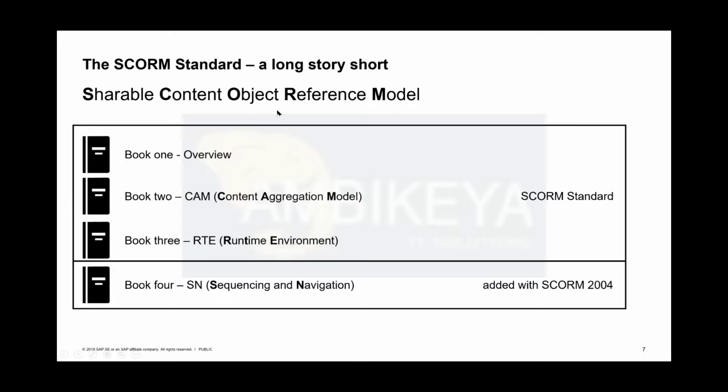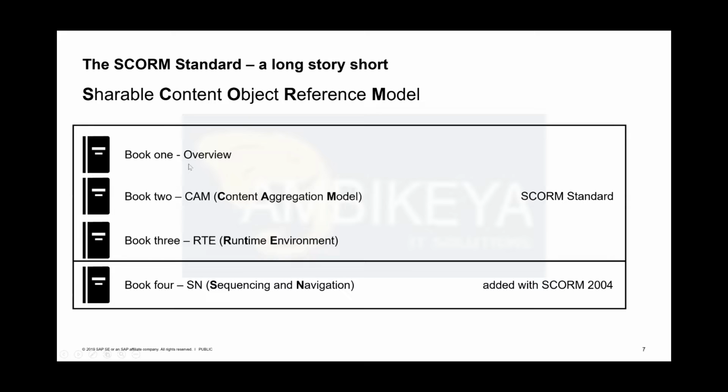This Shareable Content Object Reference Model is built from several books. All the industrial standards are usually organized in books. Book 1 of the SCORM specification is the overview. It gives you an overview about all the others below, and what the overall intention is.